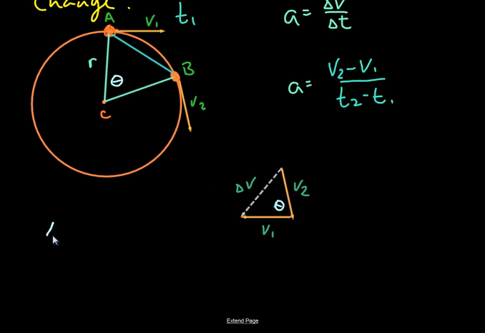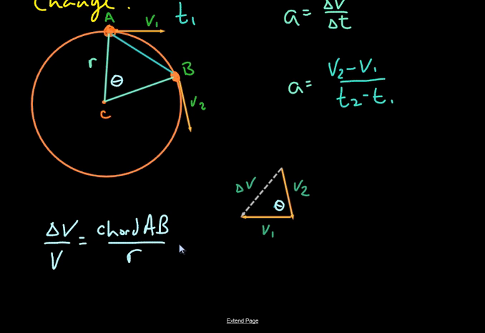Delta v, that's this here, divided by one of its sides, so we'll go by v1, or any v really, but by v, should give you the same thing as chord AB over R. So the ratio of similar sides on similar triangles should give you the same value.